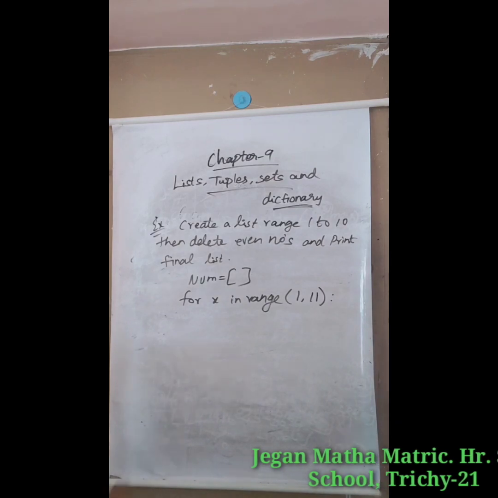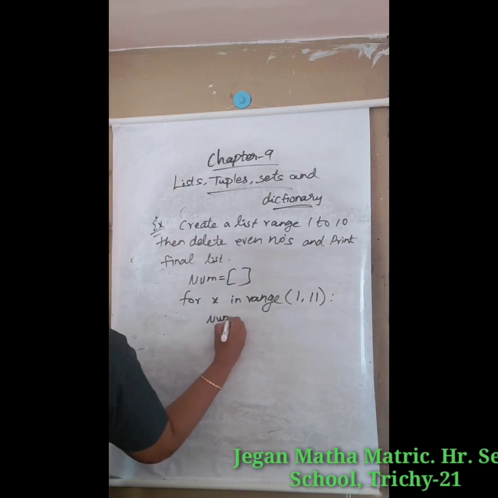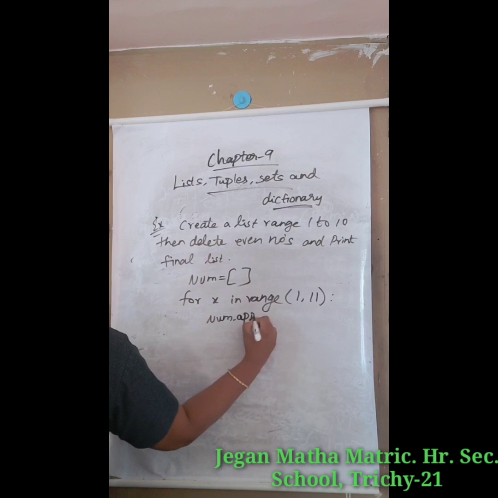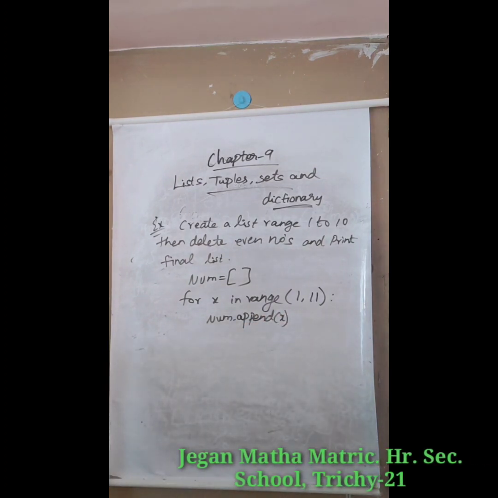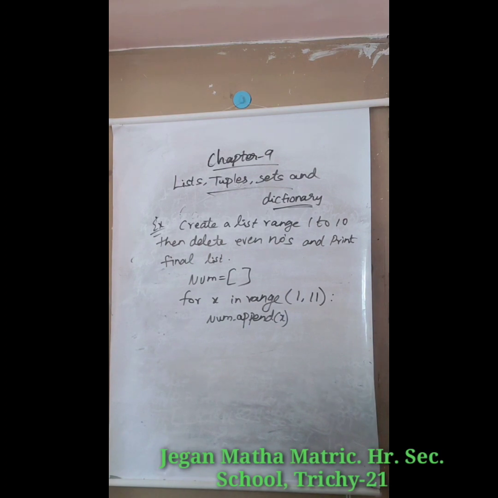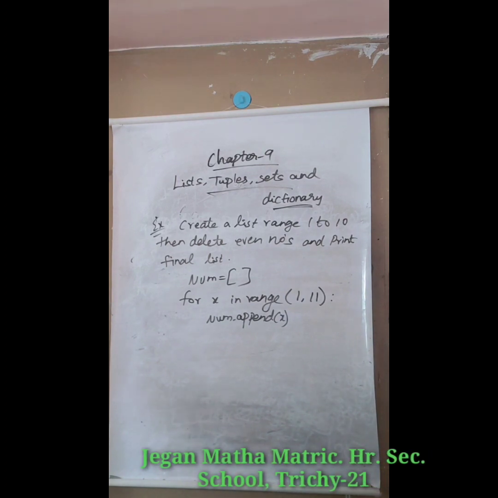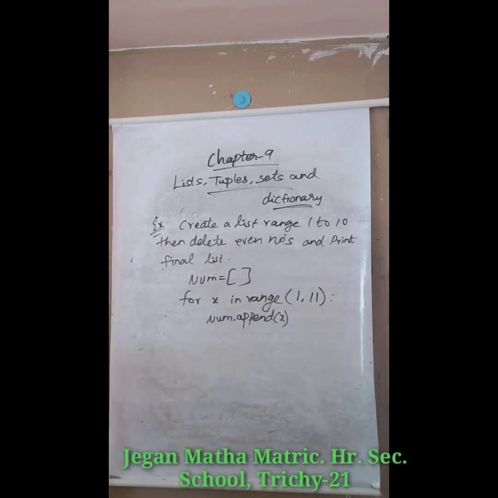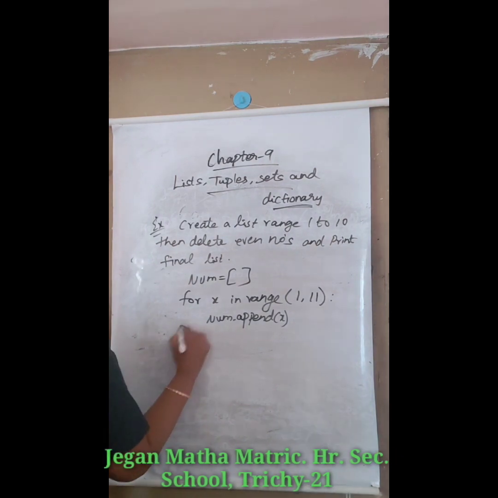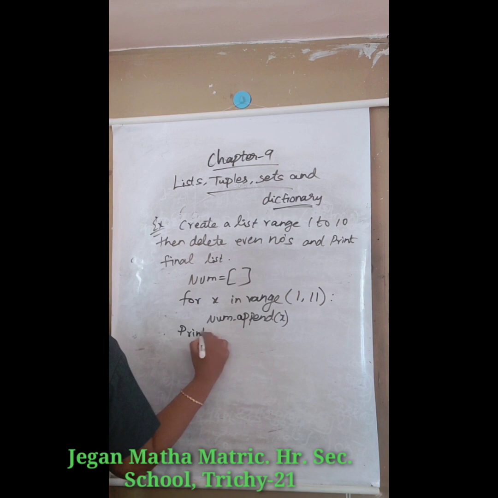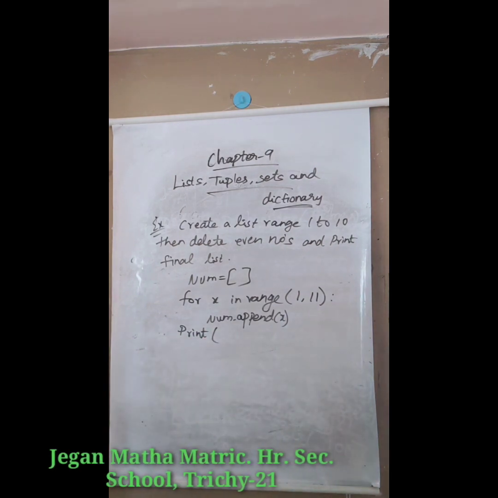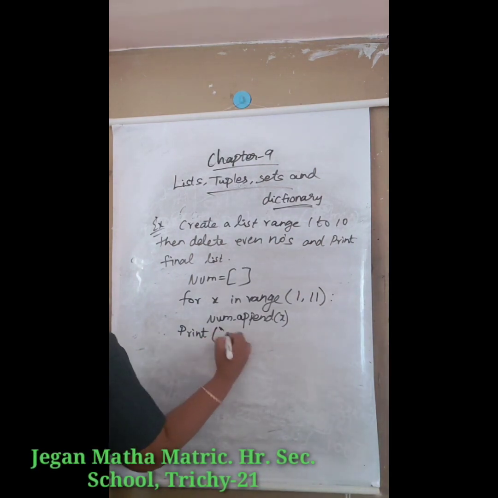Next, num dot append of x. What is the use of the append command? It is used to add only one element at the end of the list. So when we process one by one, it adds the values. After that, print the list of numbers from 1 to 10.